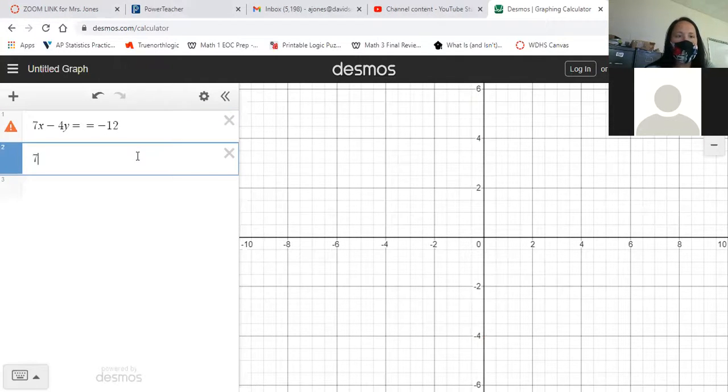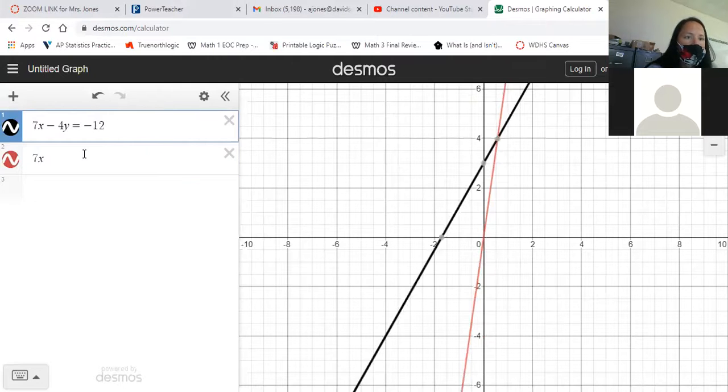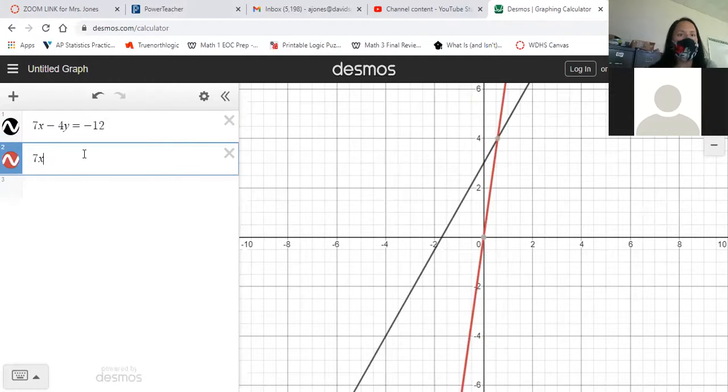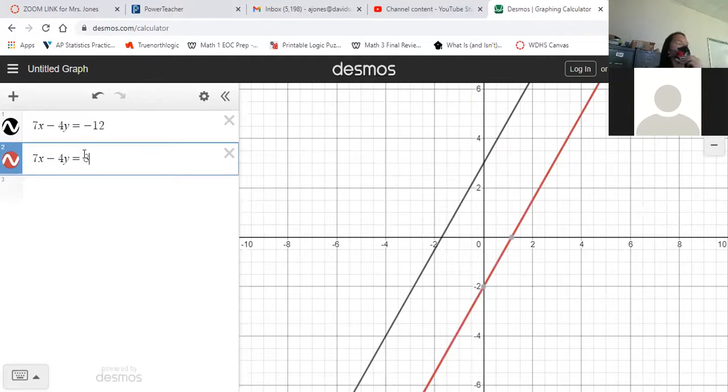The next one is 7x minus 4y equals 8. And what do we see? Yeah, they don't cross. So number 8 is no solution. Very good.